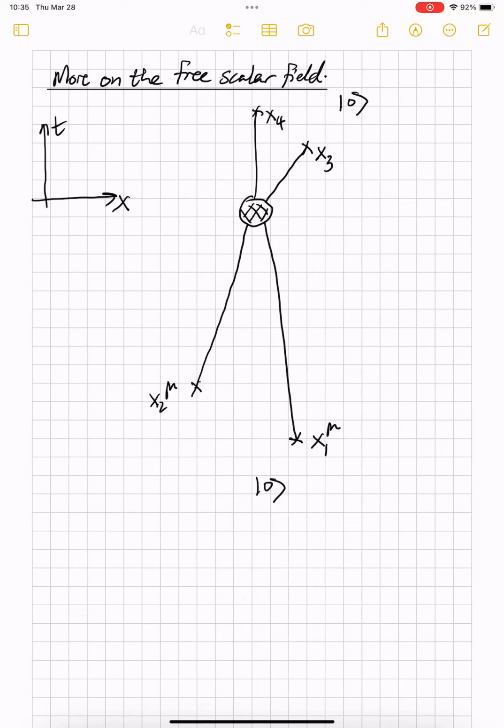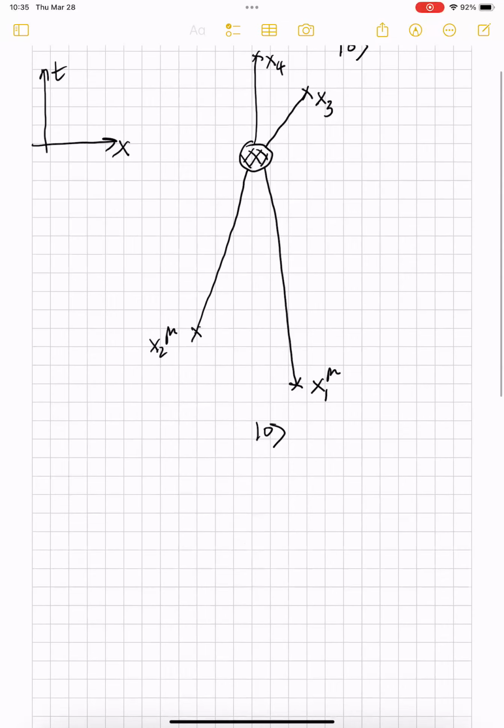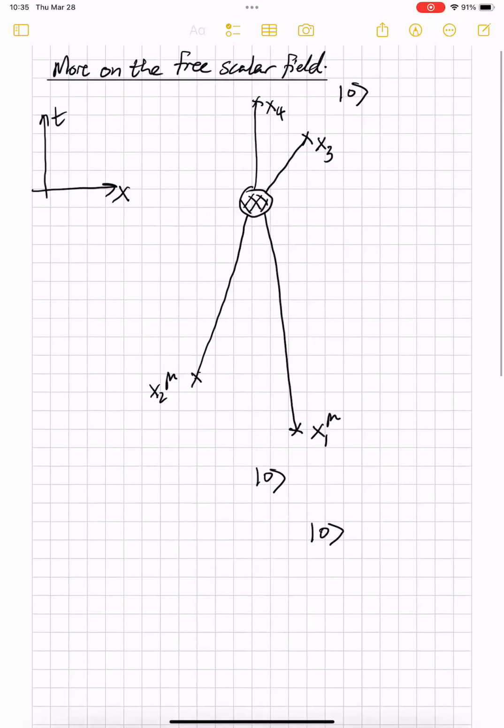Good. Okay. So now, how should we describe this experiment? Well, we start with the vacuum state. Then the first thing that we do is we create a particle. So we do that by acting with phi of x1. Then we create a second particle, which we would do by acting with phi of x2.